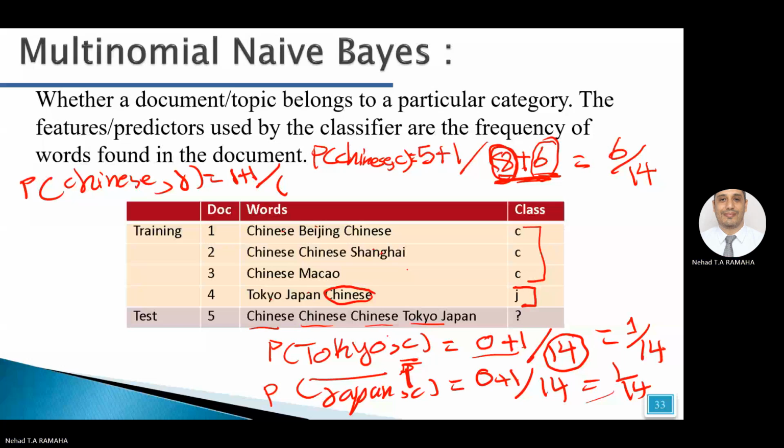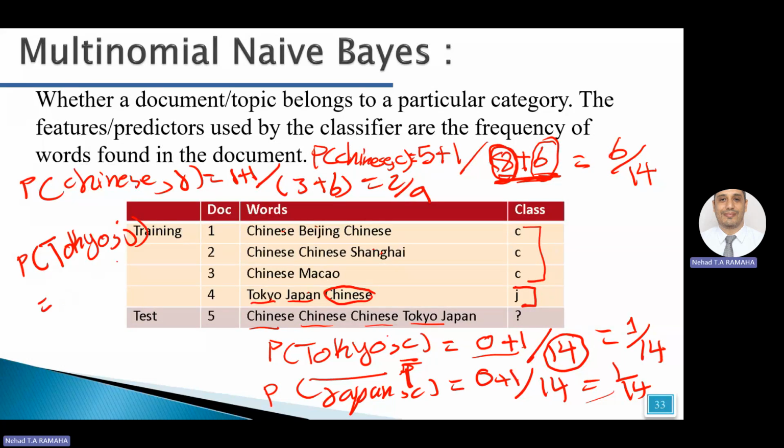Probability of Tokyo, we need Tokyo and Japan. Tokyo with category J is equal to... how many Tokyo do we have? Here, 1 in category J. 1 plus 1 divided by 9.